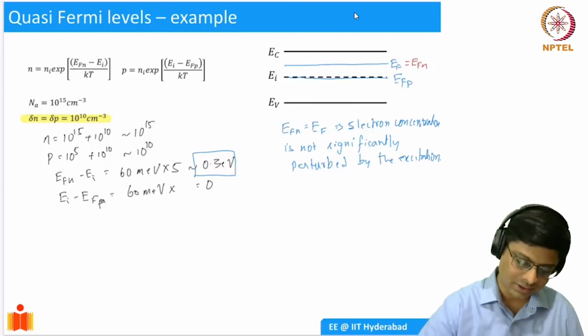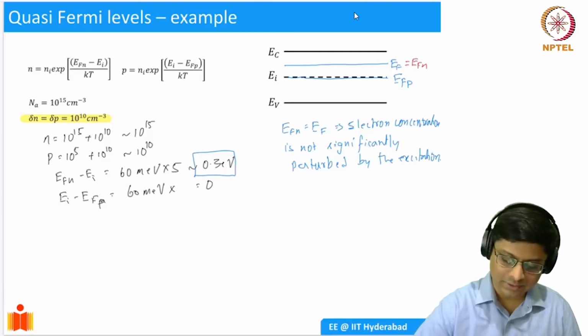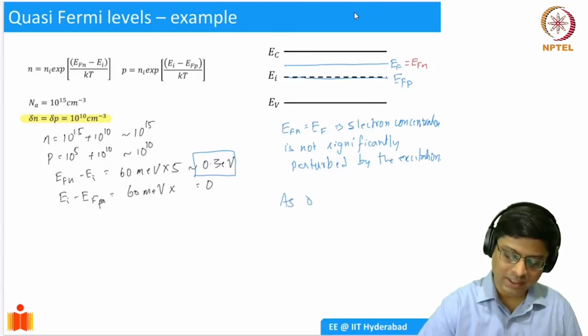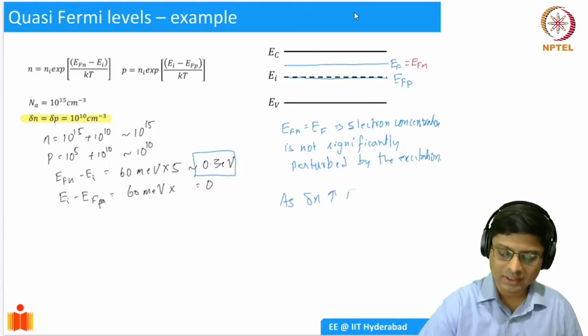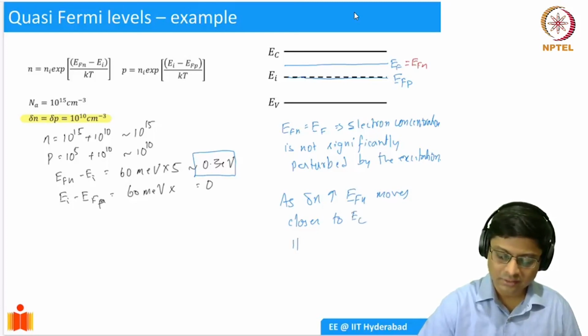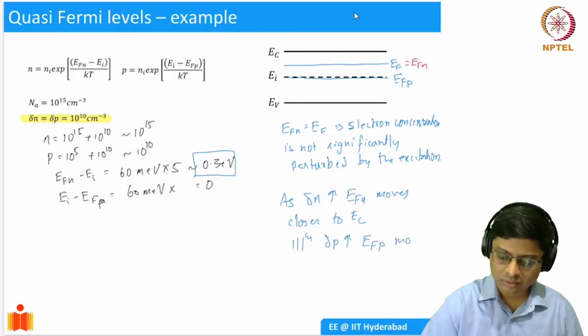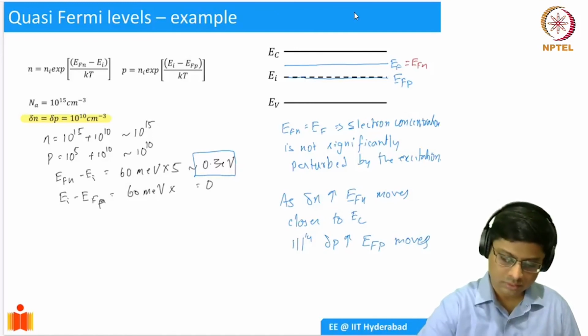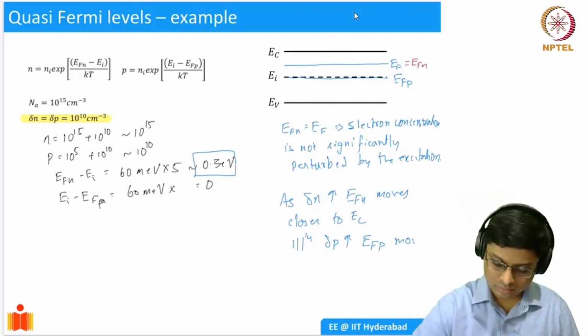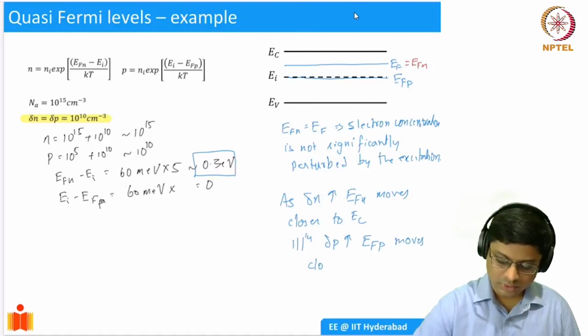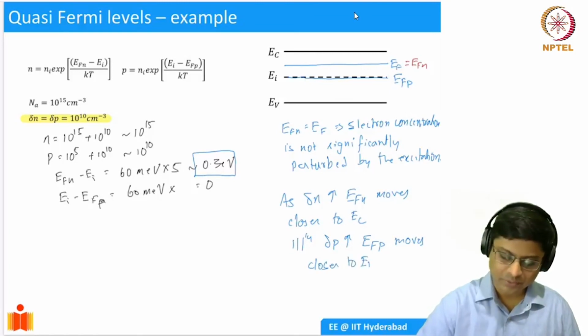Let's say we can even conclude this: as delta N increases, EFN moves closer to EC, and similarly, as delta P increases, EFP moves closer to EV. Vice versa.